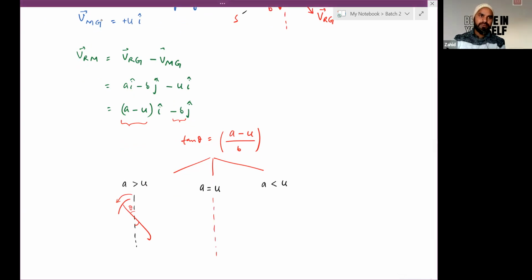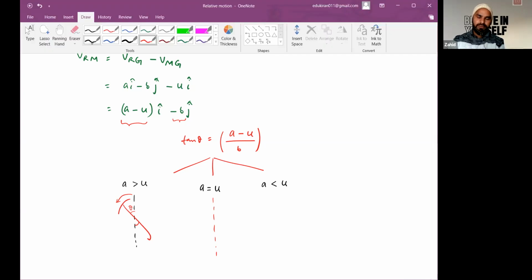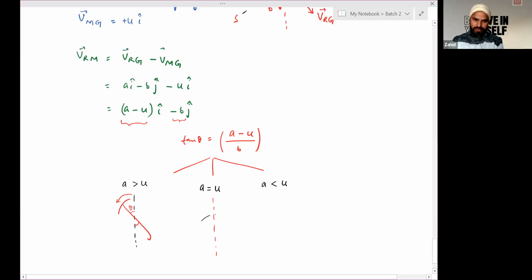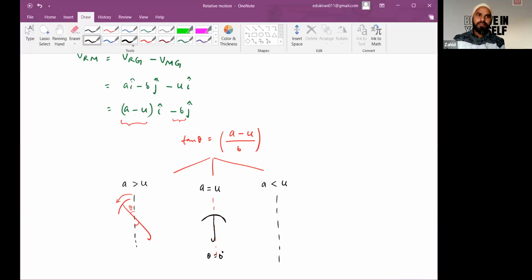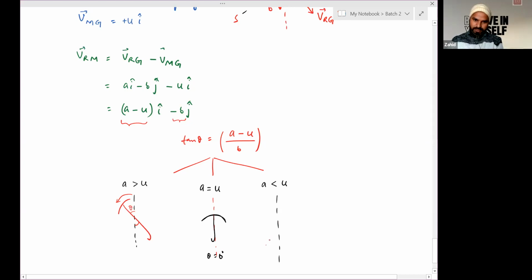A minus U will be 0, so theta will be 0, and the umbrella will be in the vertical direction like this. Similarly, in the third case, if A is less than U, the umbrella would be along this direction.